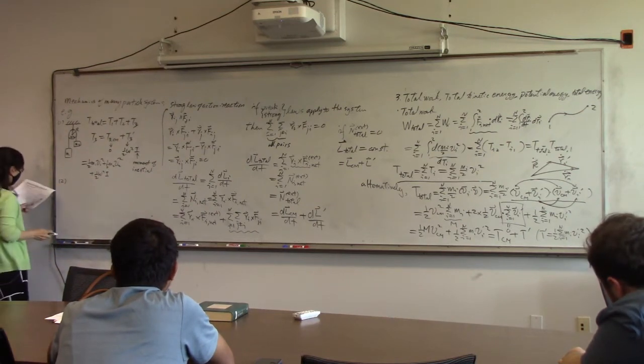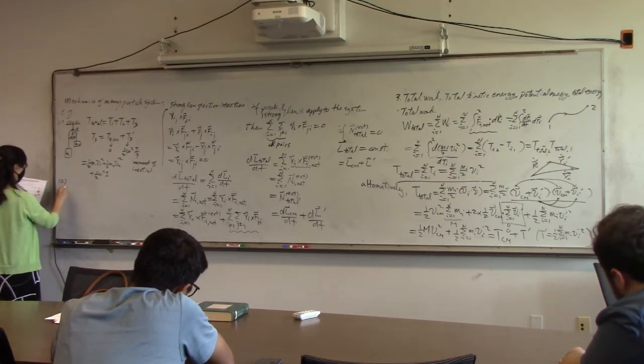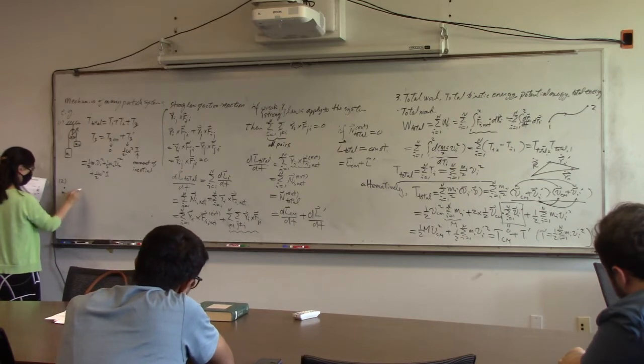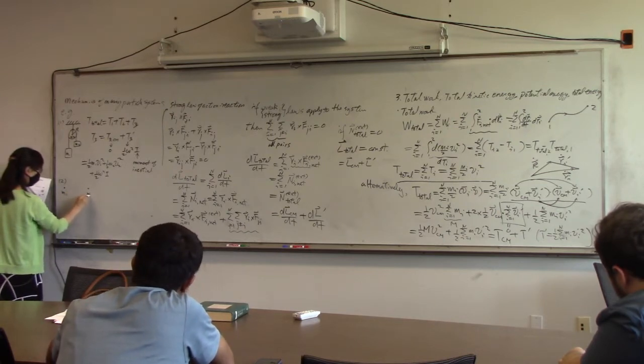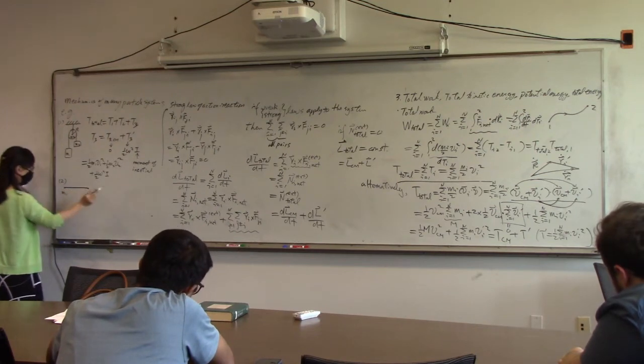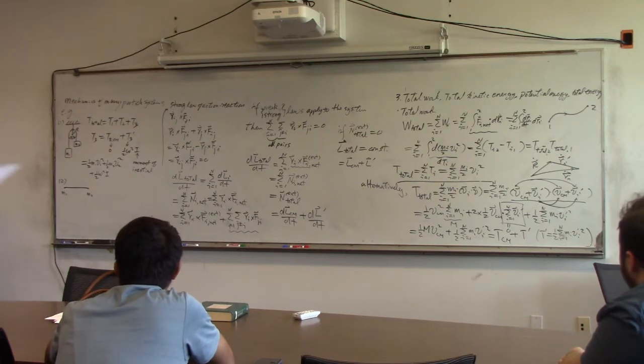Now how about the second one? The second one is like a molecule, right? We have two masses, M1, M2. Okay, so this motion is a relative change or movement along the line.